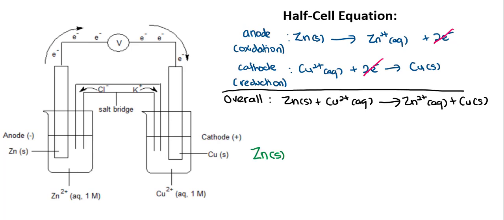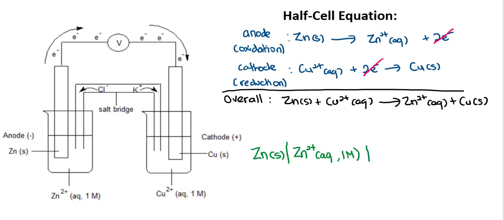Zinc solid as our anode electrode, separated by a single vertical line, which is our phase boundary. And then we have zinc 2+ ion, aqueous. Since the concentration is 1 molar, we put it as 1 molar.